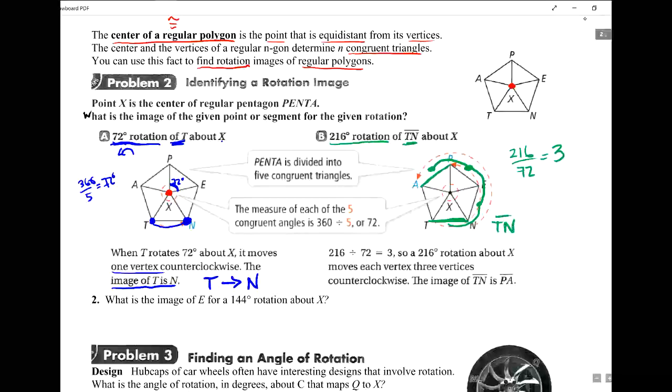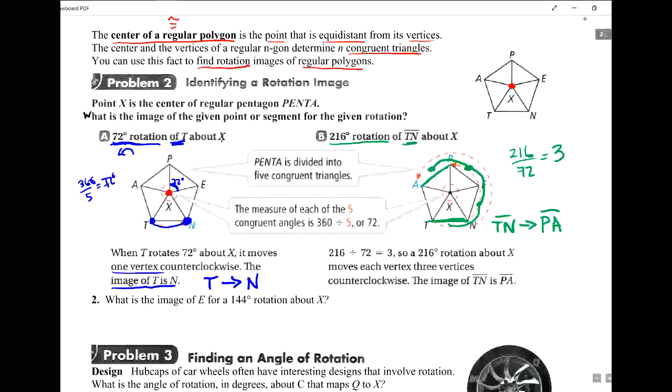So segment TN maps to segment. Where would T be and where would N be? Well, if you need to, you know how to turn your paper. T is on the left. P is on the left if that were on the bottom. P, A. Order matters here. Okay?